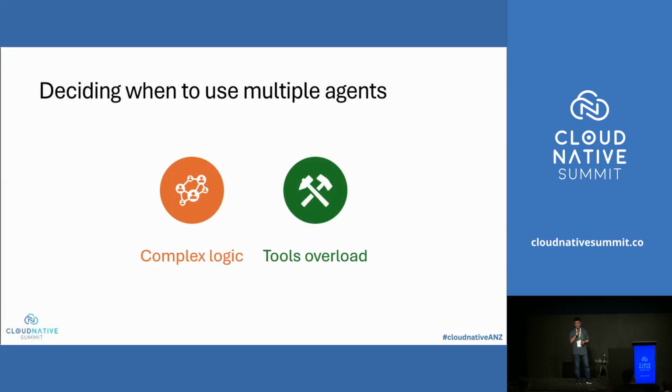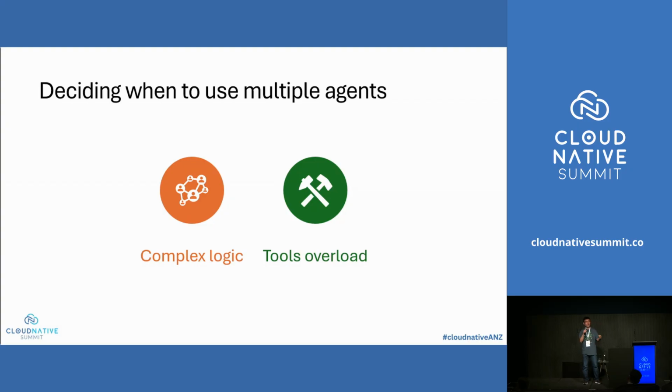Deciding when to use multiple agents. Most of the time, one agent with tools can perform well for simple scenarios. There are some scenarios where one agent is probably not enough. For example, you have lots of complex logic, and when you describe your business rules, you have lots of conditional statements. If you're an engineer, you know we don't want to write everything in one file, right? We want separation of concerns, and this is similar.